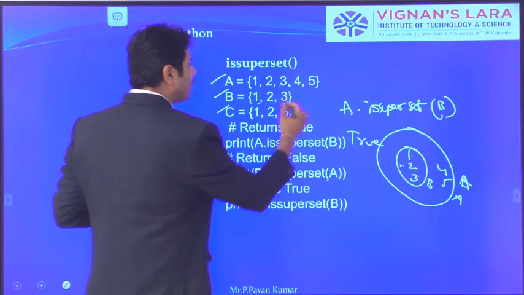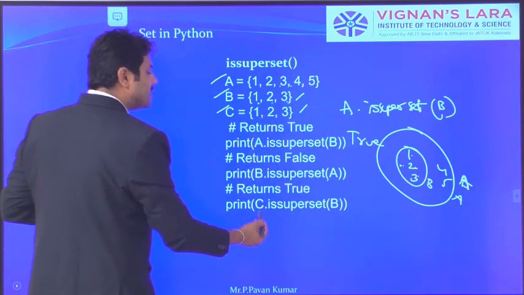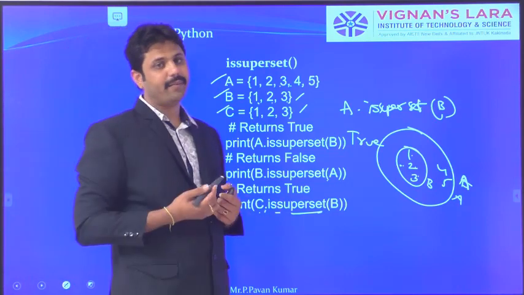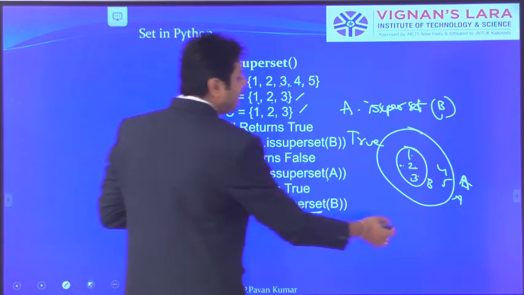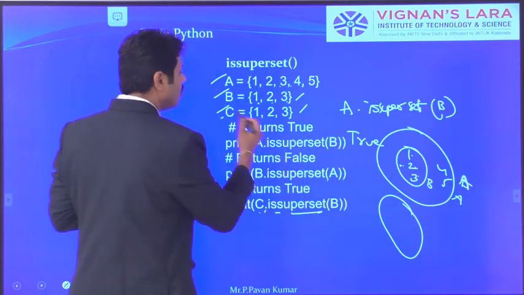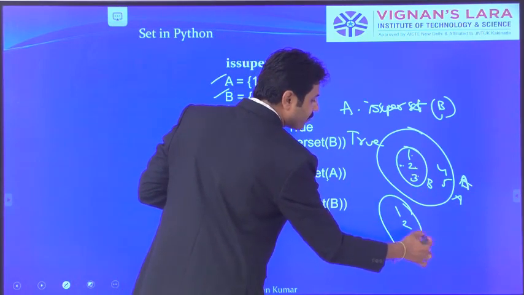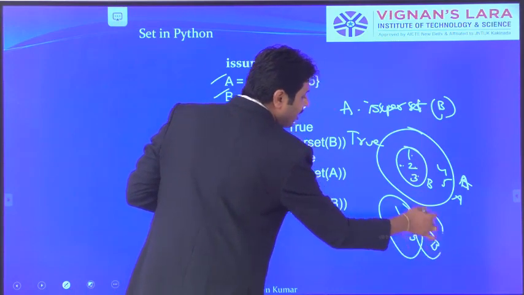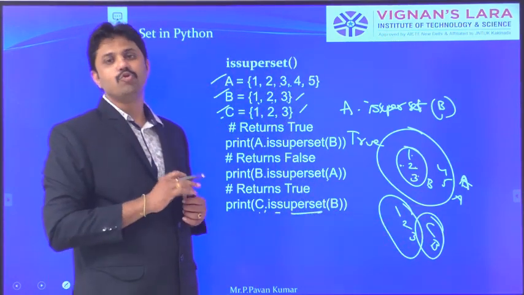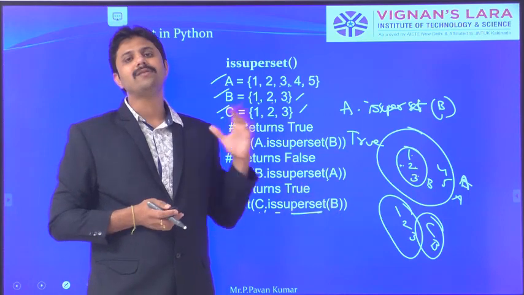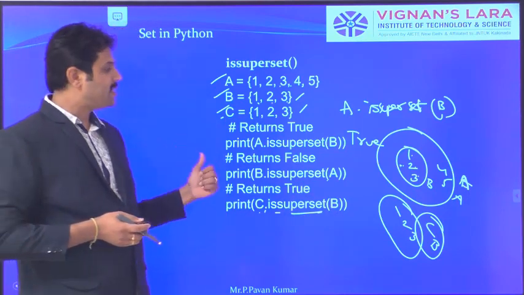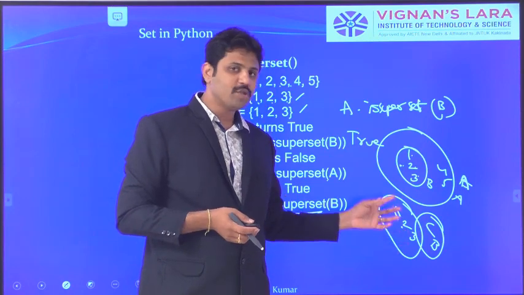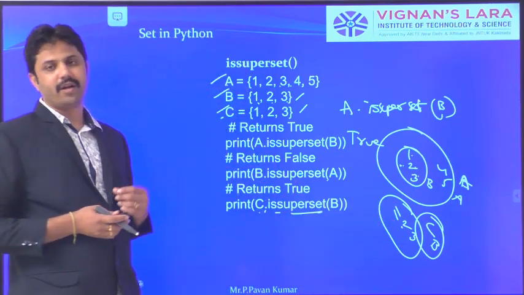Next, if you take these two, C is a superset of B. That means C contains values 1, 2, 3, and B also contains values 1, 2, 3. That's why it is a superset and returns true. If both items are equal, then also it returns true.